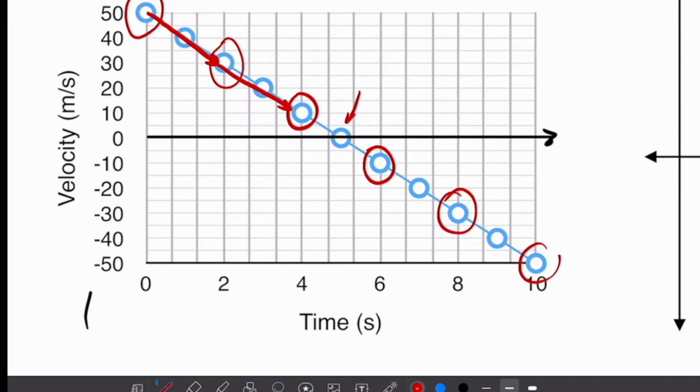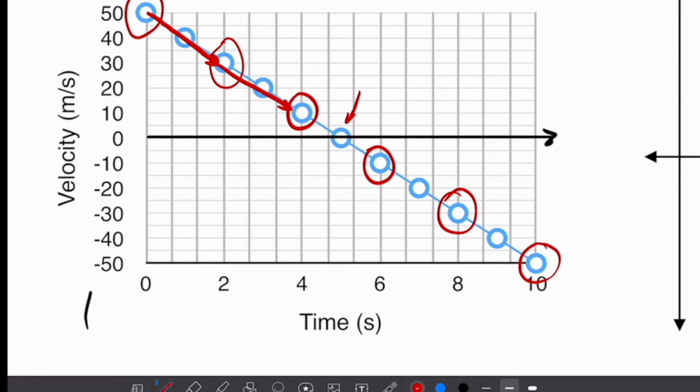And finally, it's back to the same speed it started at, but in the opposite direction. If I were to sum that up in a single sentence, this object traveled away from me while slowing down, and then stopped, turned around, and came back towards me while speeding up. That's what must have happened. Everything I just said supports that.